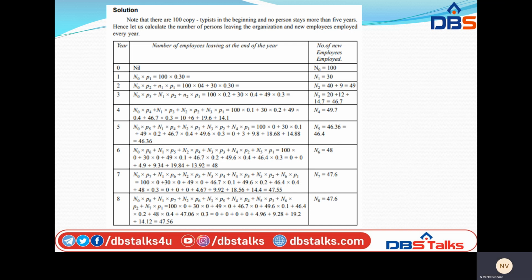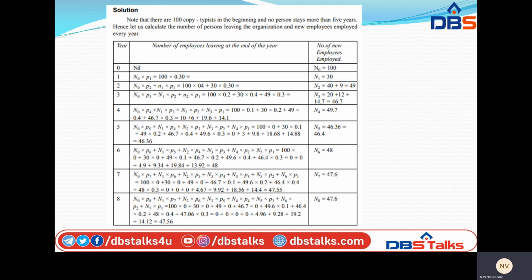That is 30. So 30 into the first-year probability, 30%, so 30 into 0.30. So 40 plus 30 into 0.30, which is 9. So finally 39 members were introduced newly up to the second year.